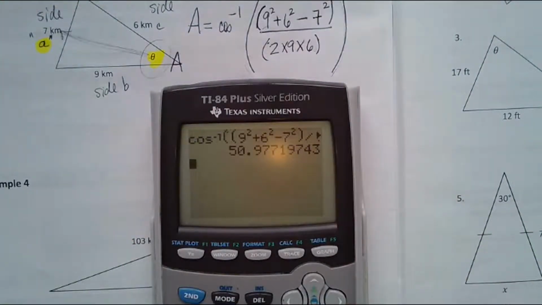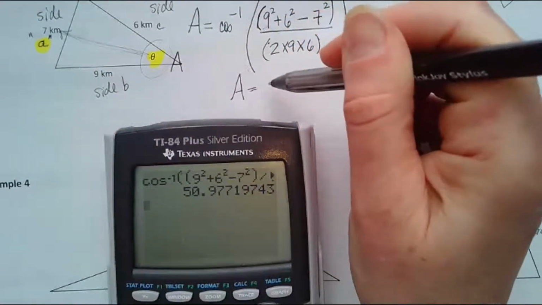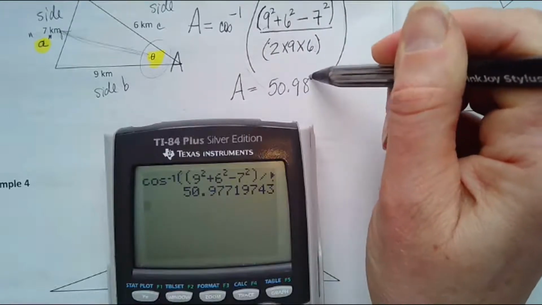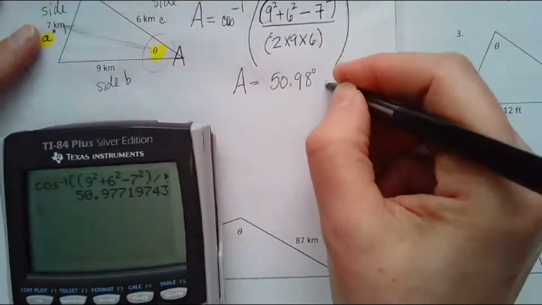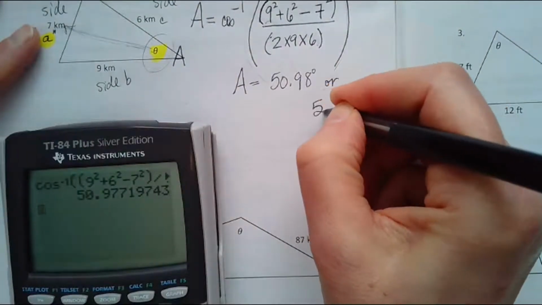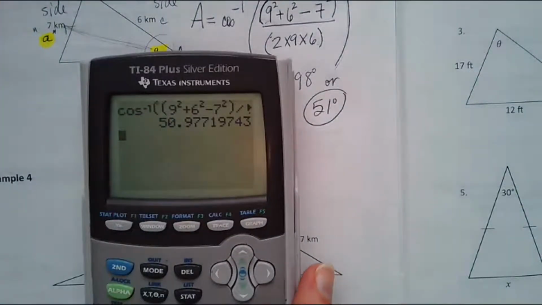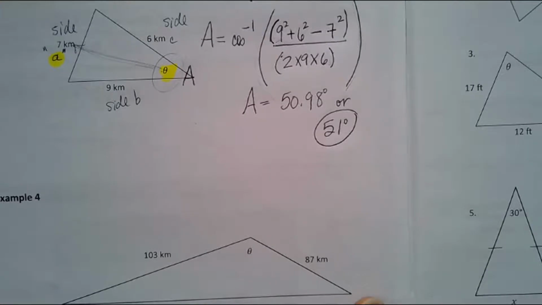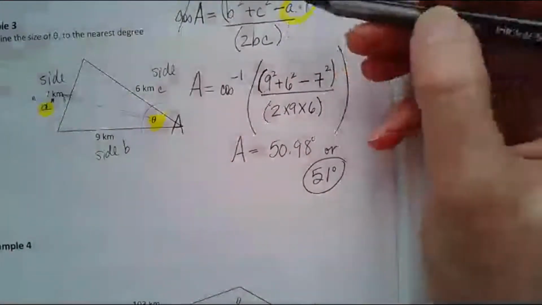And now I'm going to equals, and I get angle A equals 50.98 degrees, or 51 degrees. I guess your back of the book would just round to a whole degree. So I hope that this is the most difficult one to enter into your calculator, okay? Because it involves a division of a lot of numbers, right?